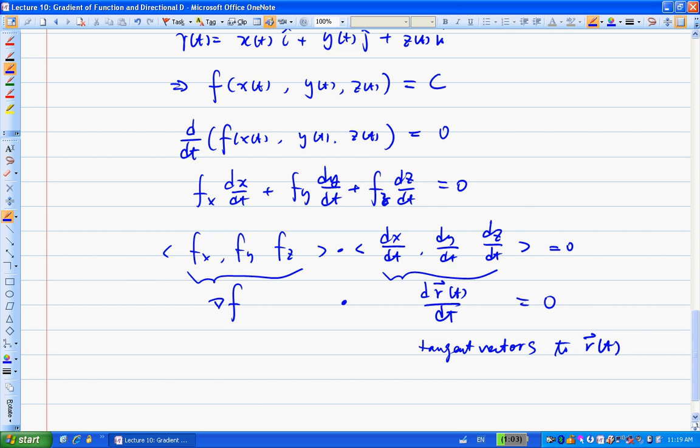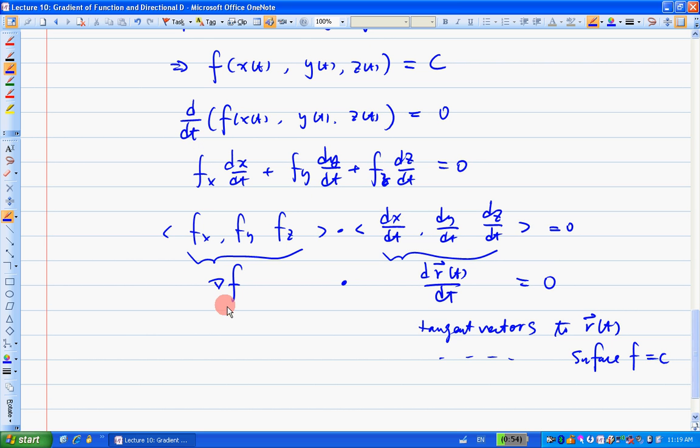R is in the surface. So if this is a tangent vector to the curve in the surface, it is also a tangent vector to the surface, F equal to C.